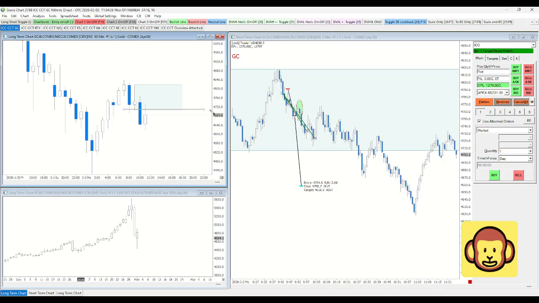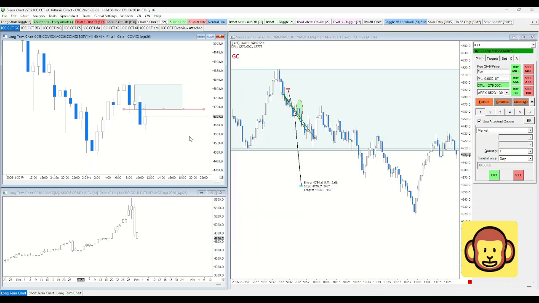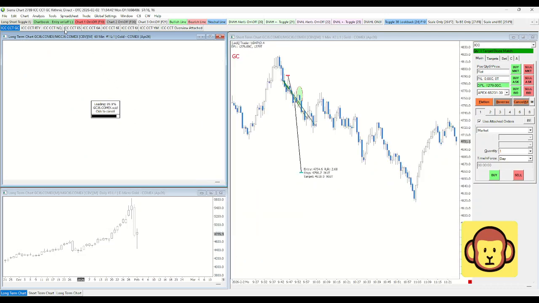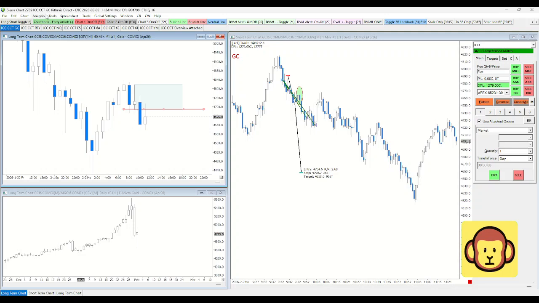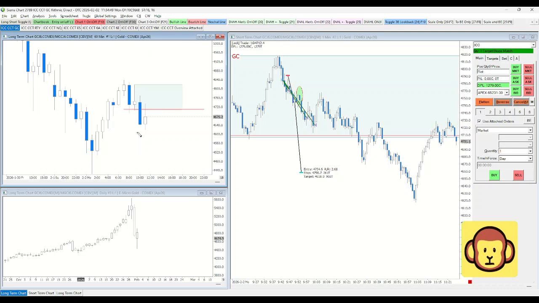This gives us our entry point here, point of interest, and our target here.